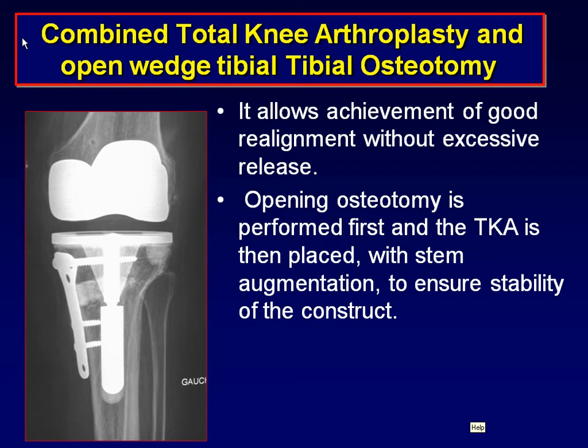In my experience, I believe that the release is very difficult with large varus deformity. I prefer to do an opening wedge tibial osteotomy and TKA at the same time, and you avoid any release, and you have it exactly as you perform in a normal joint.